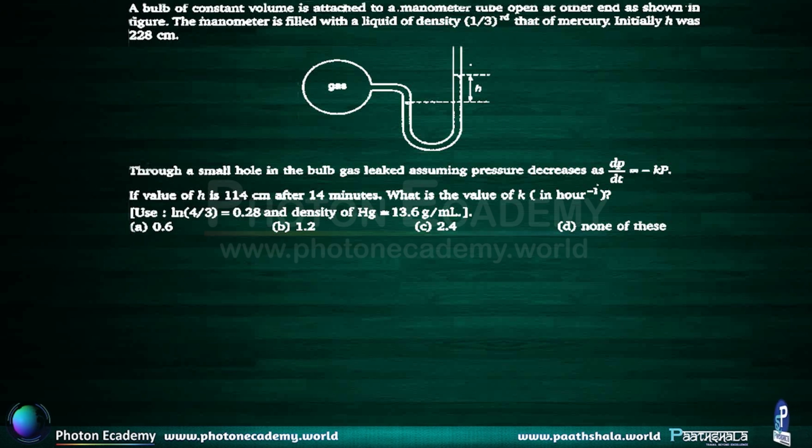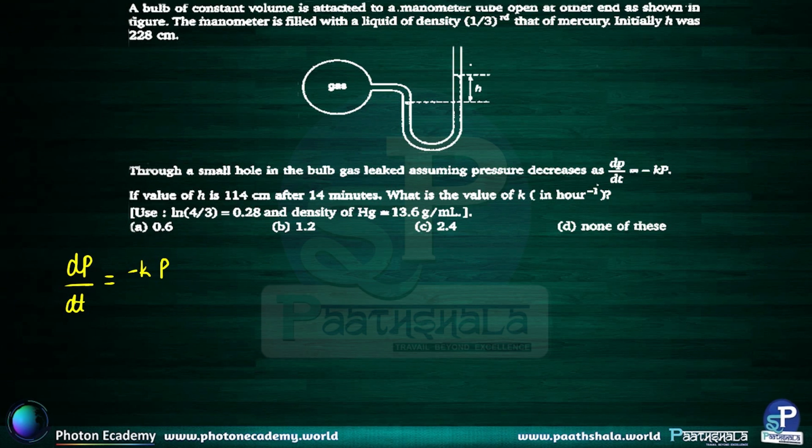So firstly, let's see what we have been given. We've been provided with an expression of dP by dt. Let's derive the expression of pressure from this. So P would go below dP.